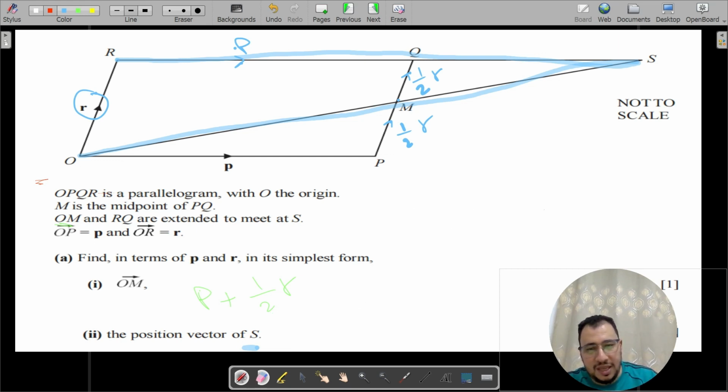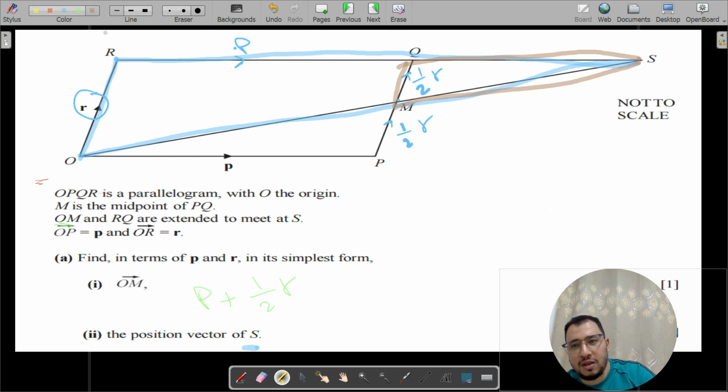Let's apply this here. Over here, we have the bigger triangle, and the smaller triangle we have here is this SQM. This is the smaller triangle, and the bigger triangle is SRO. To get the ratio correctly, let's write the similarity statement.